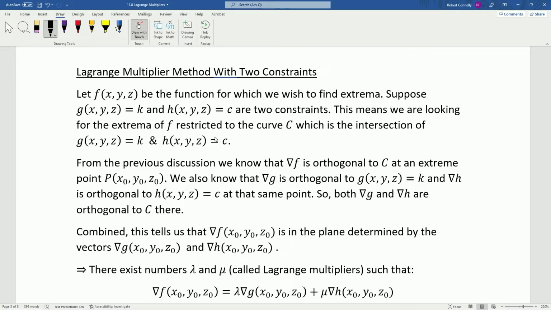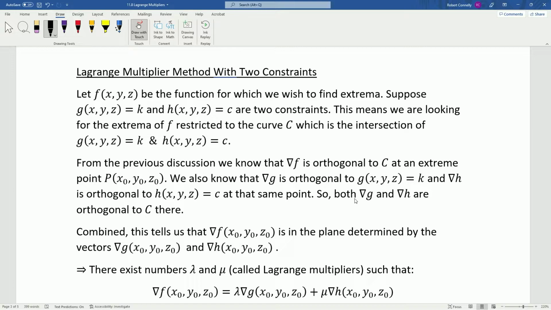In other words, you've got 2 3-dimensional surfaces here, but when you intersect those surfaces, you're just going to get a set of points that forms a curve C. And from our previous discussion, we know that the gradient of f is orthogonal to the curve at that extreme point. We also know that the gradient of g will be orthogonal to its surface at that point, and the gradient of h will be orthogonal to its surface at that point.